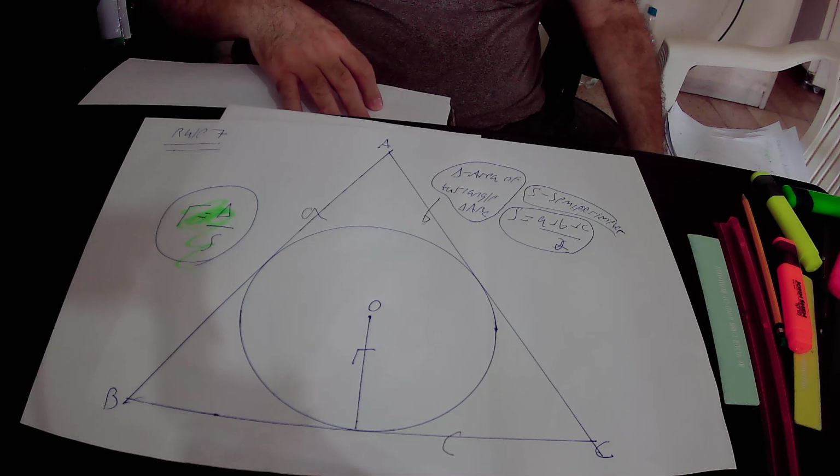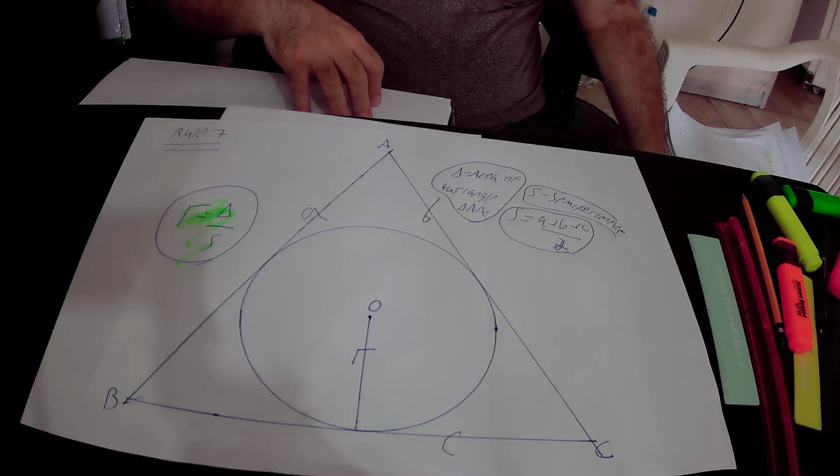And the definition of a semi-perimeter is the perimeter over 2. The perimeter is the sum of the side lengths of the triangle, and when we divide the perimeter by 2, we get the semi-perimeter.